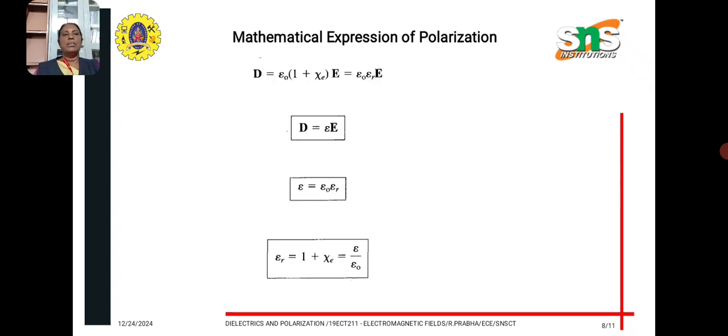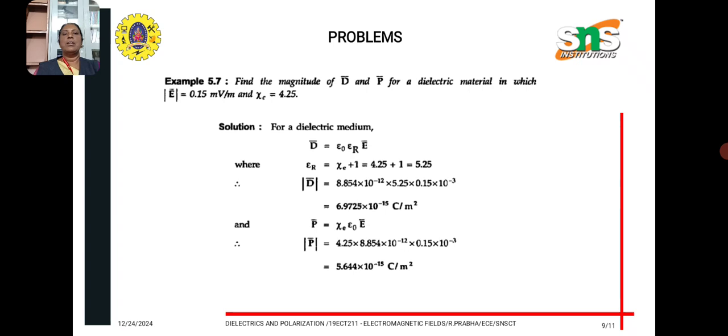D can be written as epsilon naught epsilon r E, or D is epsilon E. By comparing these two equations, the permittivity epsilon is epsilon naught epsilon r, or the relative permittivity epsilon r is 1 plus chi e, equal to epsilon by epsilon naught.